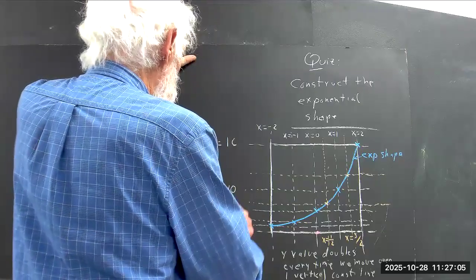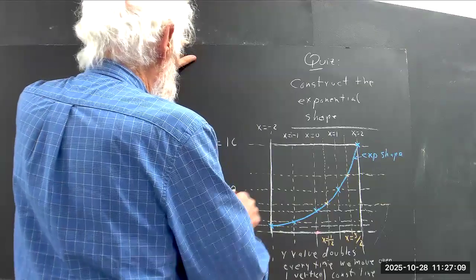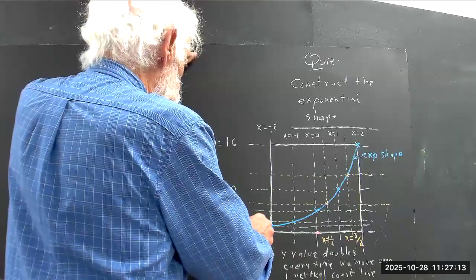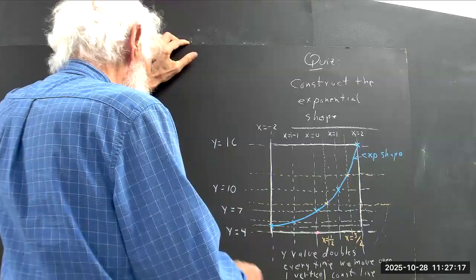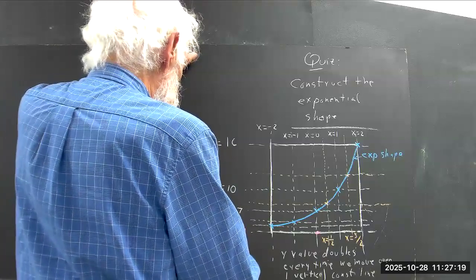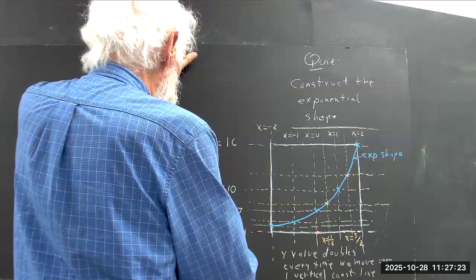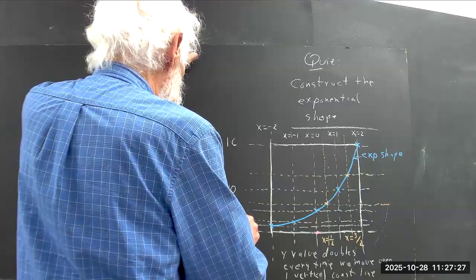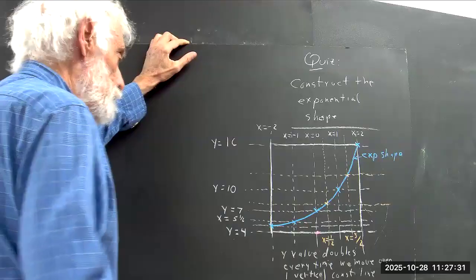Then halfway between 4 and 10 is y equals 7. Just labeling the construction lines. Halfway between 4 and 7, now things get a little tricky here because our fractions get a little obnoxious, but this would be y equals 5.5.